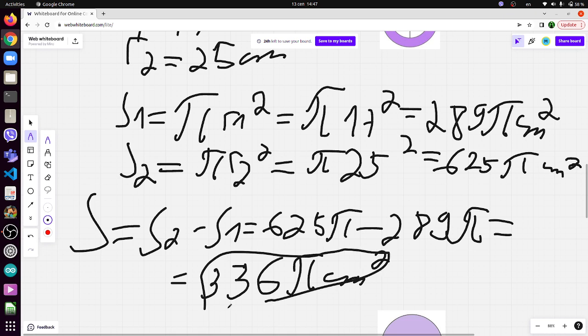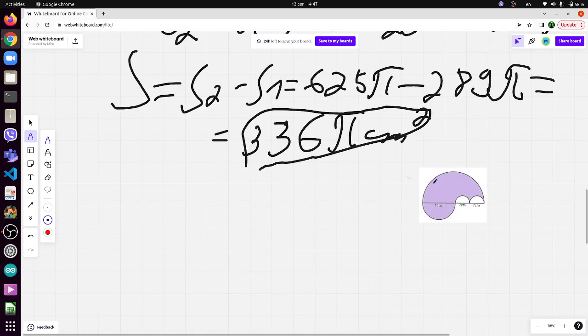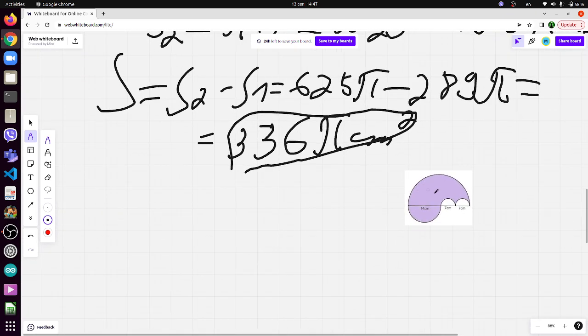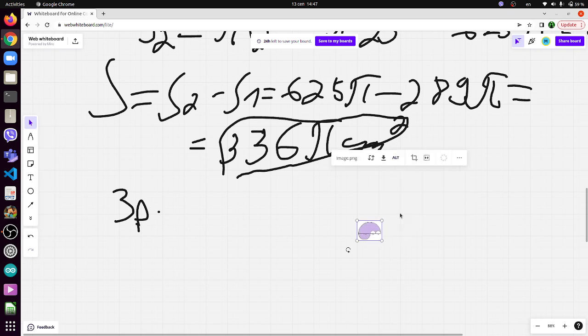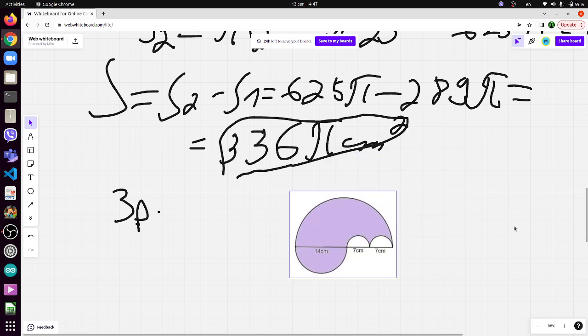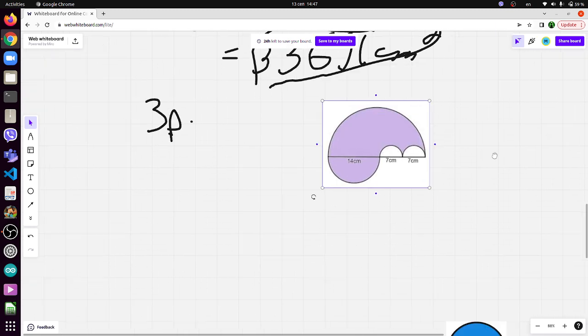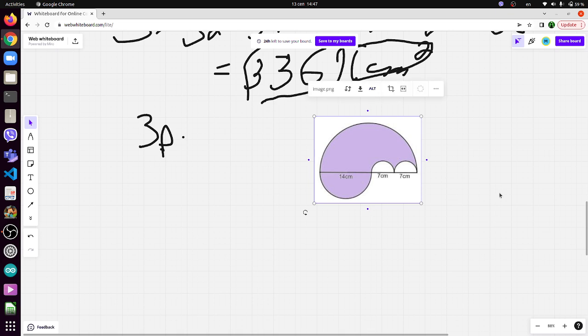Let's go to the third problem. That's going to be our third problem. We again want to calculate the area of the shaded region.